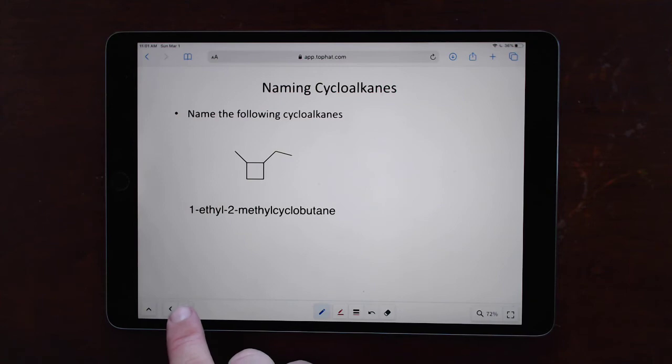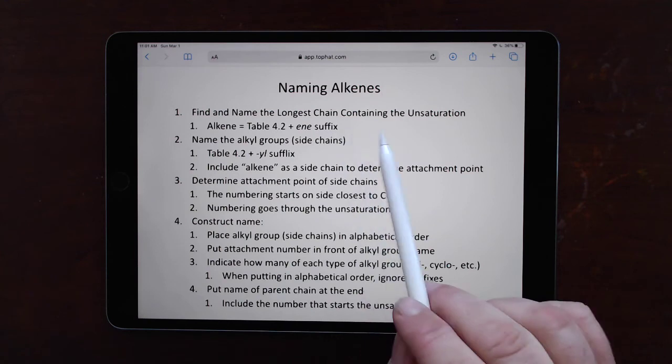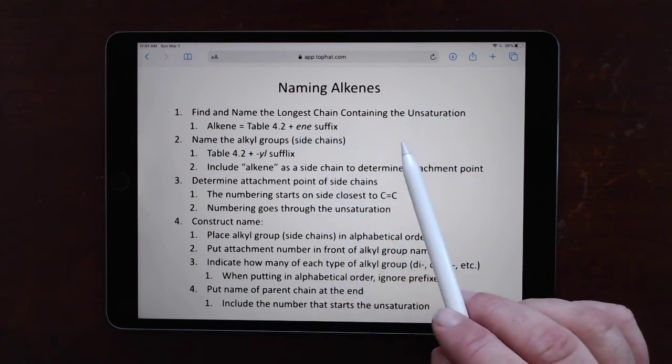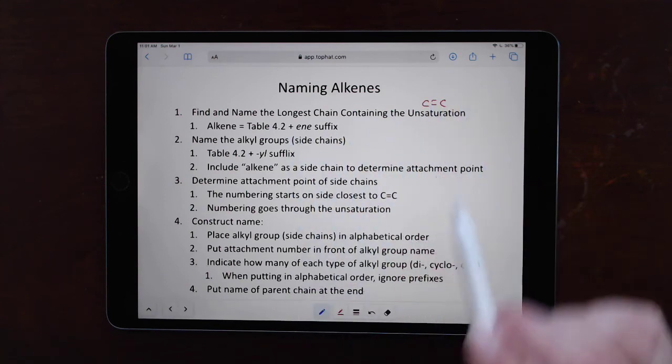So, there you go. Now for alkenes, this is where we have a carbon-carbon double bond. And just like with the alcohol, the longest chain needs to contain the unsaturation, the carbon-carbon double bond.